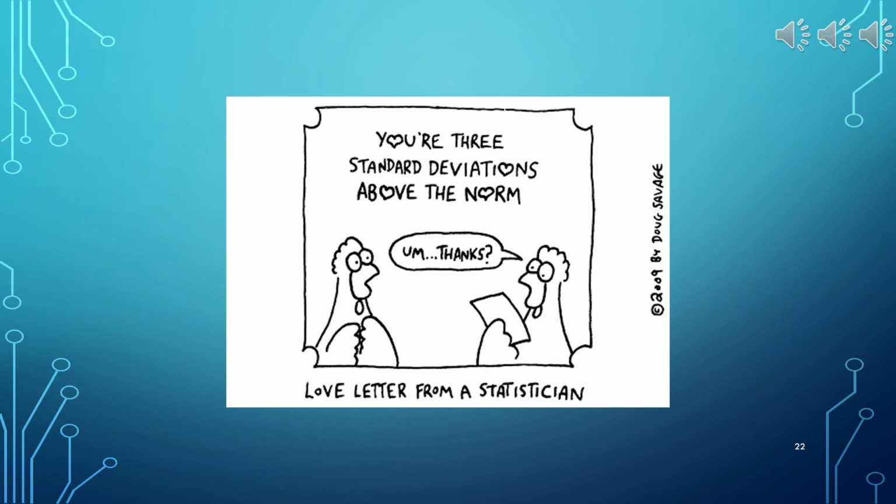Okay, so what you need to do is look up in your book, or you could just look up in a z-table online. You could just Google z-table. What is the proportion of scores that lies at or above 3 standard deviations above the norm, or above the average?